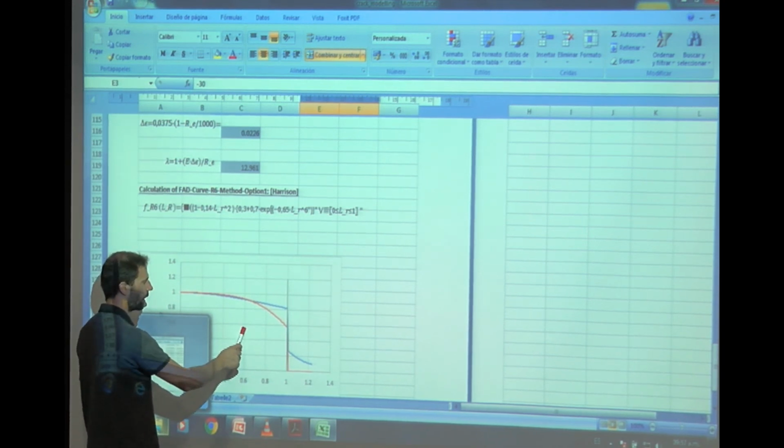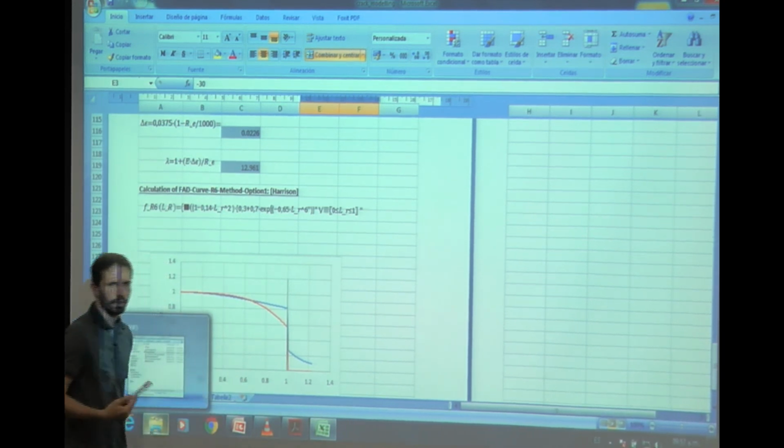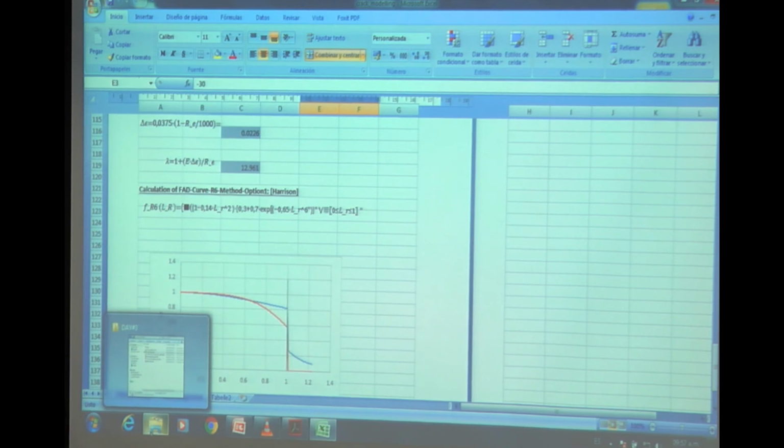For the assumed crack length, you can also calculate the critical crack length and give back the information about the stress state and the loading situation there. Okay.